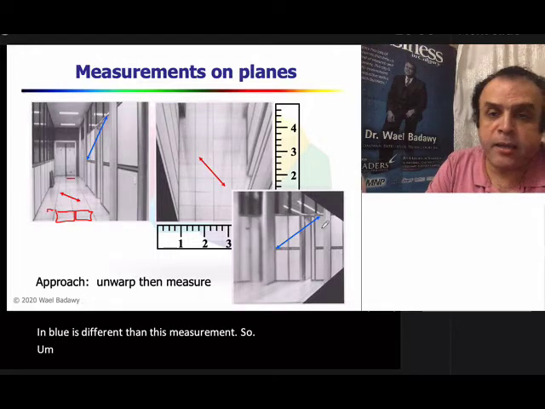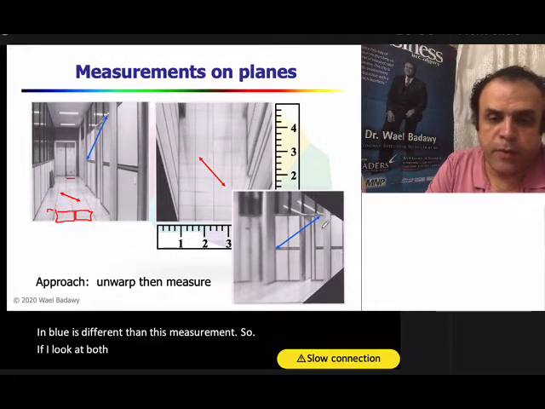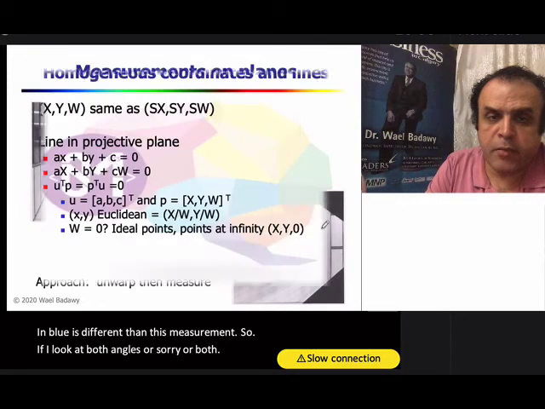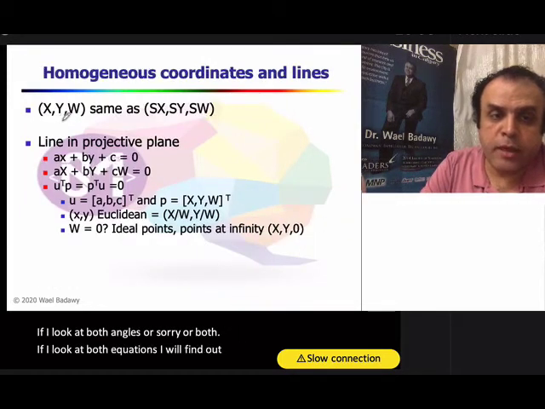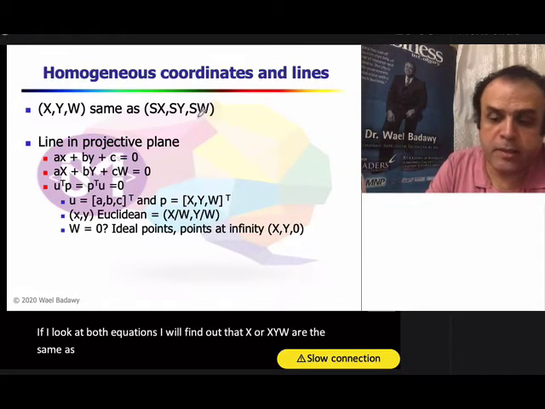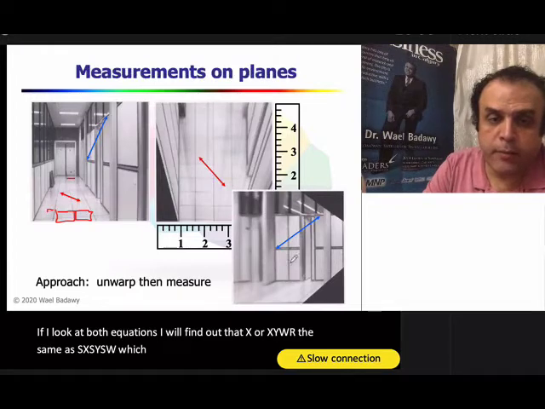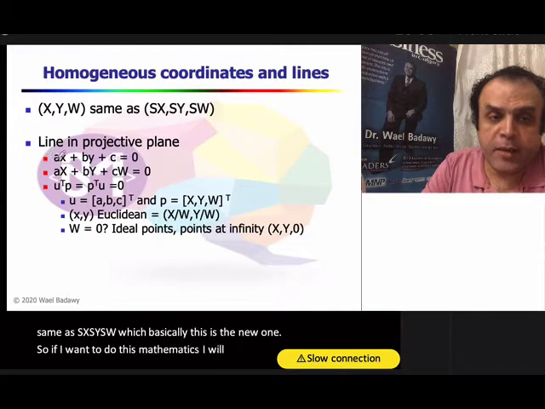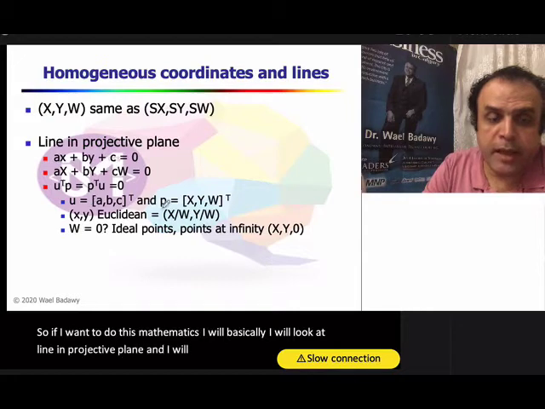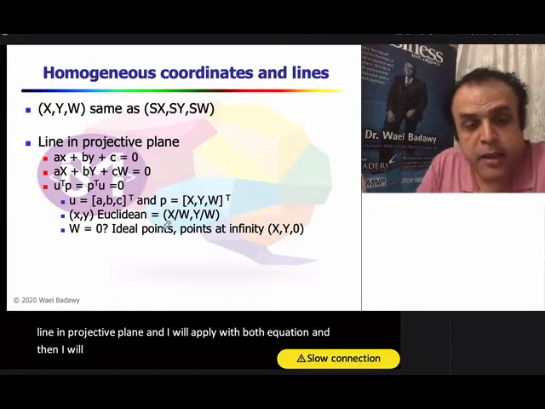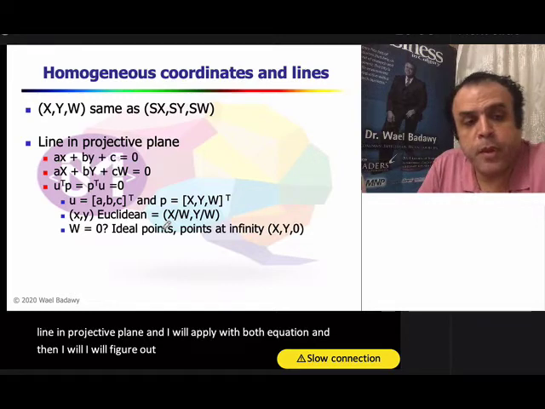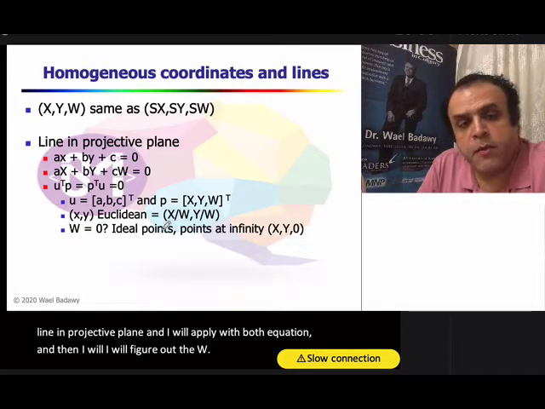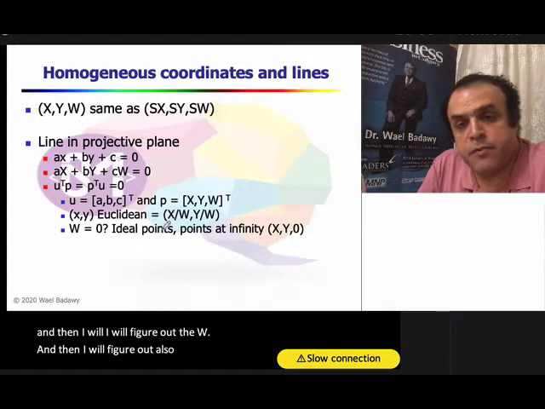So if I look at both equations, I will find out that x, y, and w are the same as sx, sy, sw, which is basically the new one. If I want to do this mathematics, I will look at the line in the projective plane, and I will apply both equations, and then I will figure out the w, and I will also figure out the s as a coefficient for the transformation.